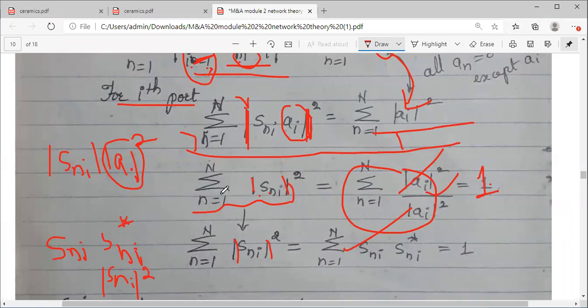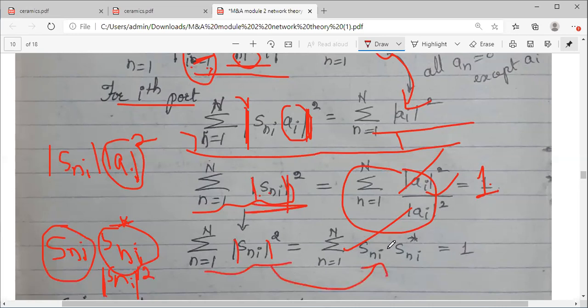Because there is a phase change. If I take this magnitude, it indicates there is one actual quantity and one complex quantity, and if you multiply these two, the resultant is this. So that's why I can write this in this form: S_ni multiplied by S_ni conjugate.